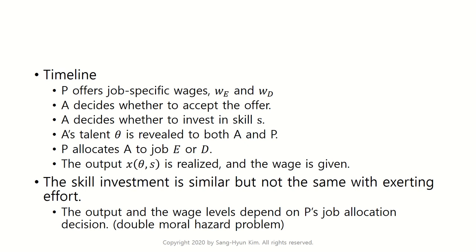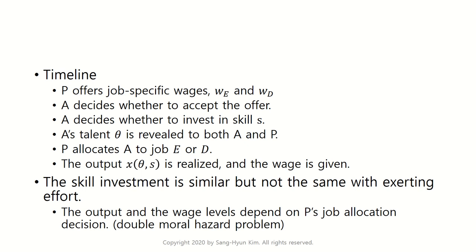and then the output X is realized, and then the wage is given accordingly. So the skill investment is similar to, but not the same as, exerting effort. The skill investment decision is similar to the effort decision in basic moral hazard models, but it is not the same in the sense that this is a dynamic game. So let's think about the basic principal-agent model.